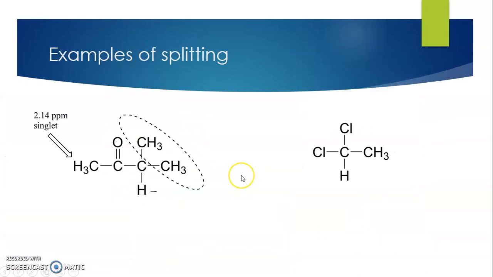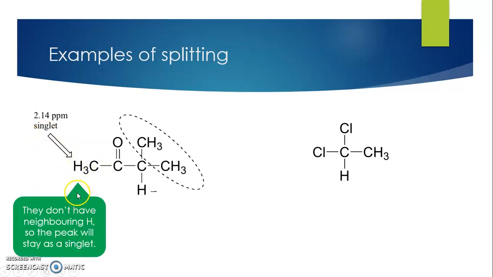Let's look at more examples. In this molecule, we know that these 3 hydrogens will produce a peak, and they are in the same environment, so it's one peak. However, the peak will be a singlet because they don't really have a neighboring hydrogen. You'll be like, wait, 1, 2, 3 bonds away.